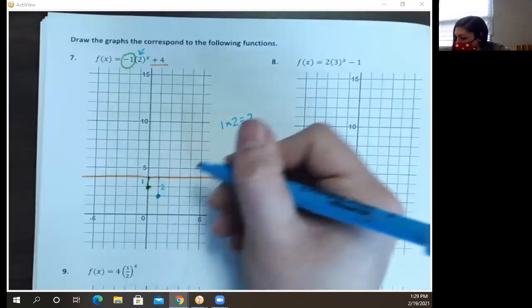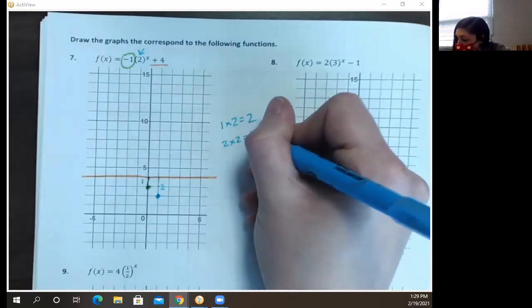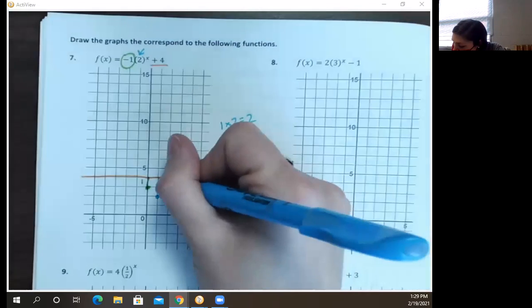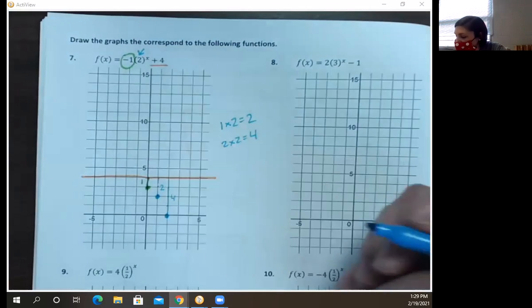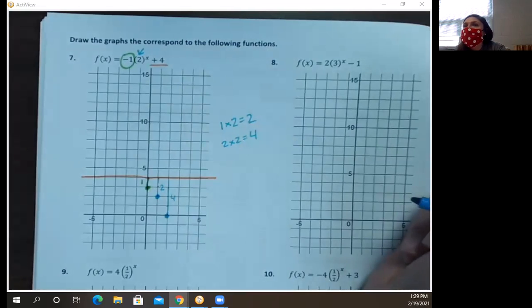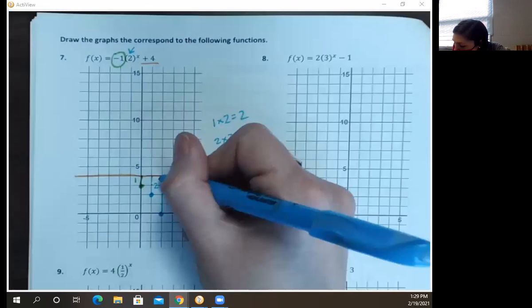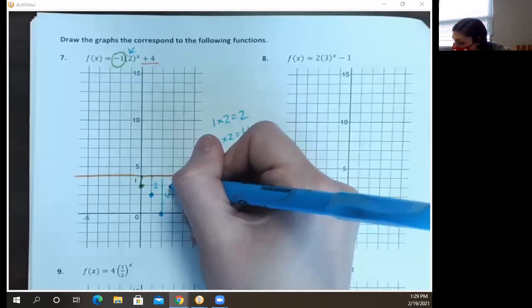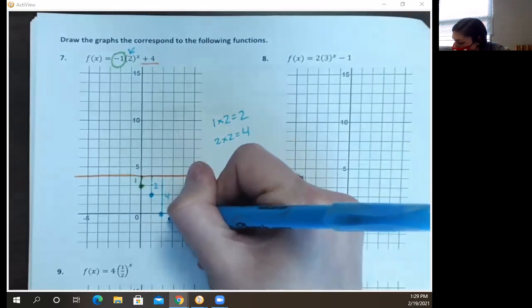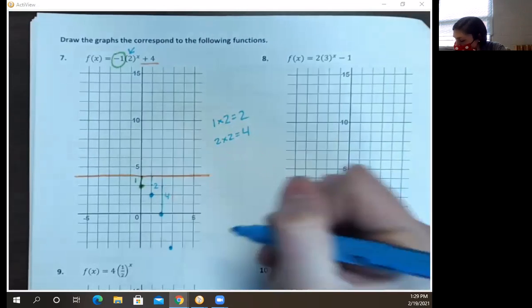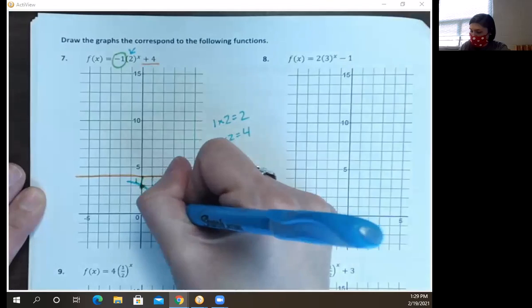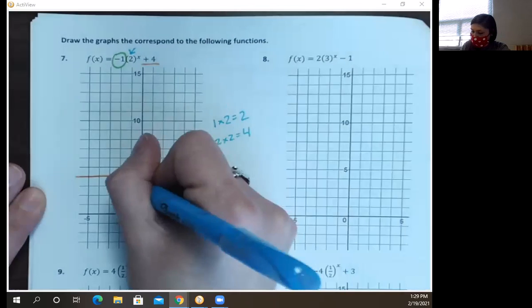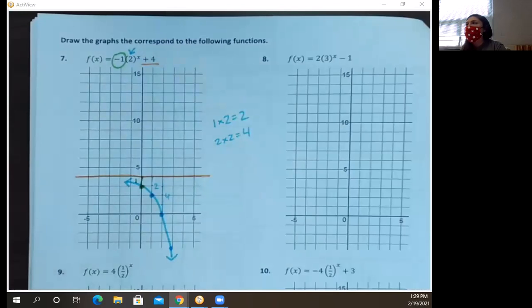My next point over, 2 times 2, multiply by 2 again, double it again, would be 4. 1, 2, 3, 4. 4 units from the asymptote. If I wanted one more point on here, as I go one more spot over, I'm going to again have to double that distance from the asymptote. So there's 4, 5, 6, 7, 8. There's my graph. Don't forget to connect your points so you have your smooth continuous curve.